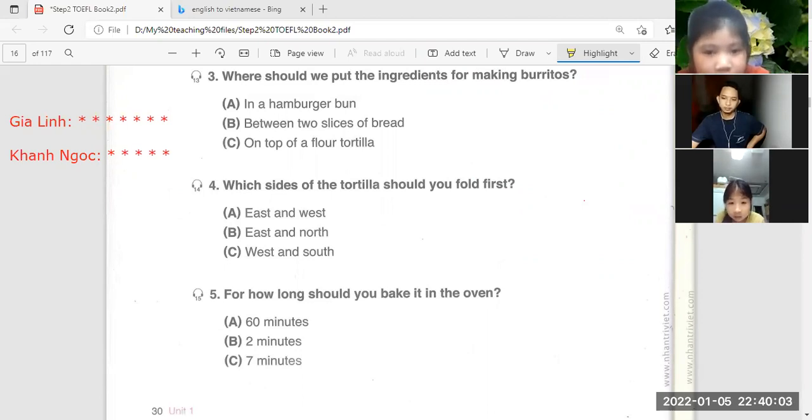Number 3. Where should we put the ingredients for making burritos? Okay, wait. Number 3. Wait.